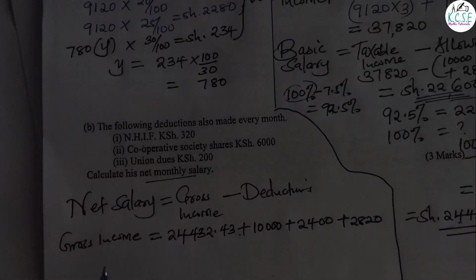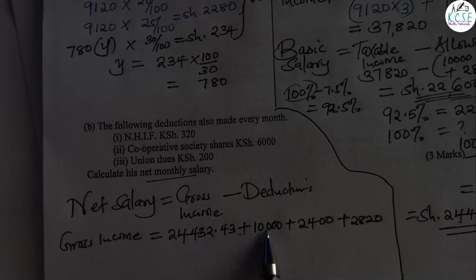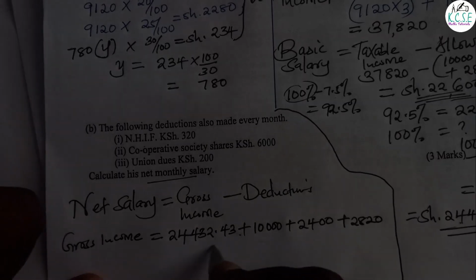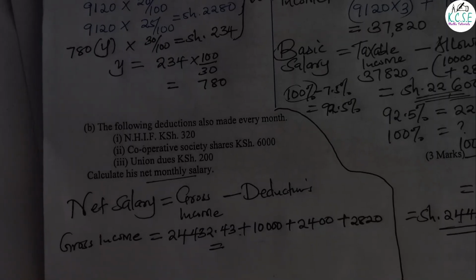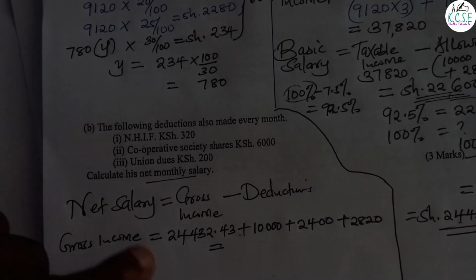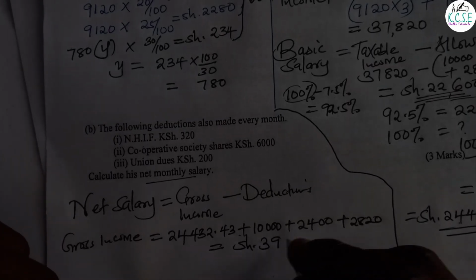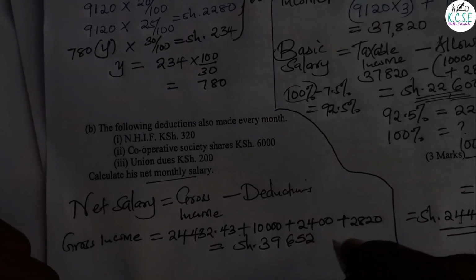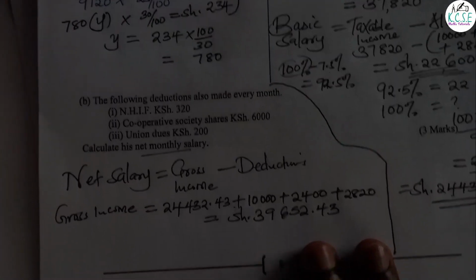So we have 3 allowances. When you add, this will give 39,652.43. So that is the gross income.